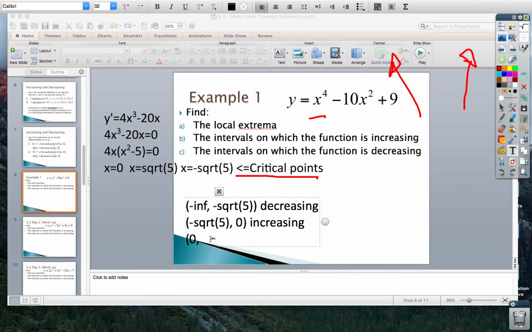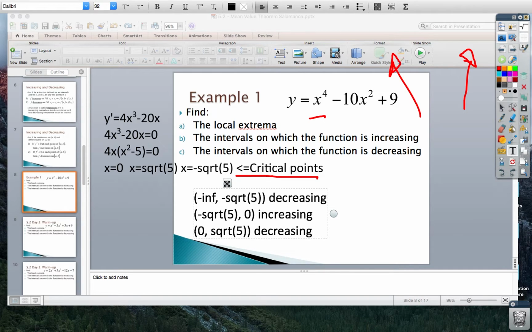And then from 0 to positive square root 5, it's decreasing. So it's decreasing, increasing, decreasing. And then we forgot, from square root 5 to infinity, it's increasing again.